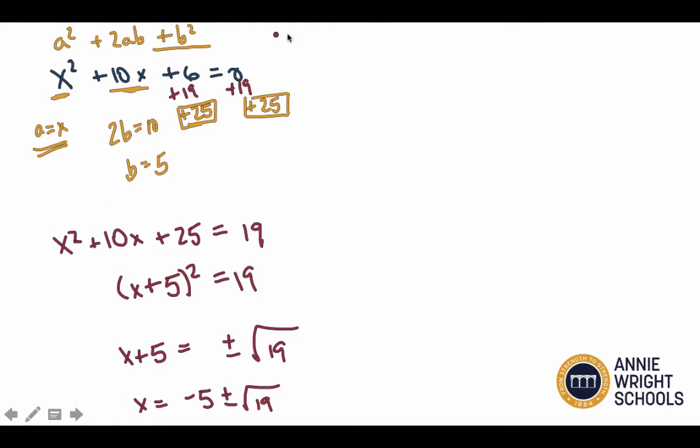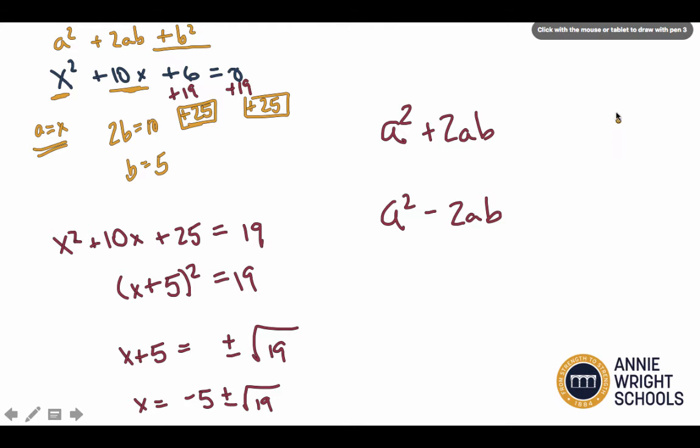So we were able to solve this quadratic up here in the blue that didn't factor by a process that is called completing the square. It's called completing the square because you assume you have the first part of those special forms we were looking at, and you're trying to complete the square by finding the number that you have to add to make it a square.